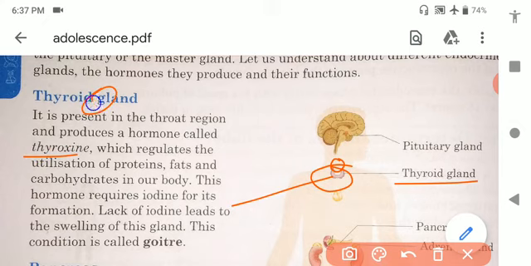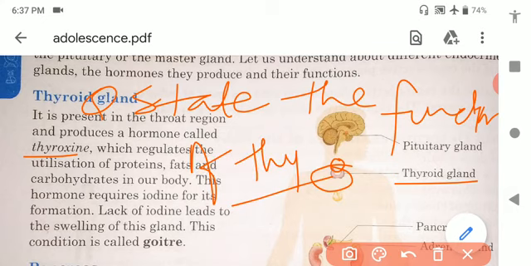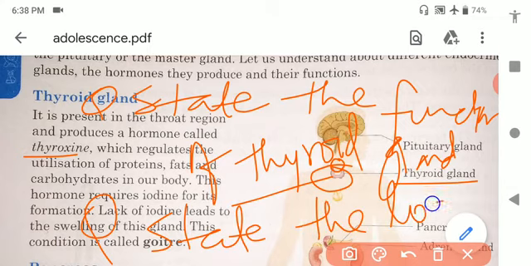State the function of the thyroid gland. Note down this question, it is one of the most important questions. Also state the location of the thyroid gland.